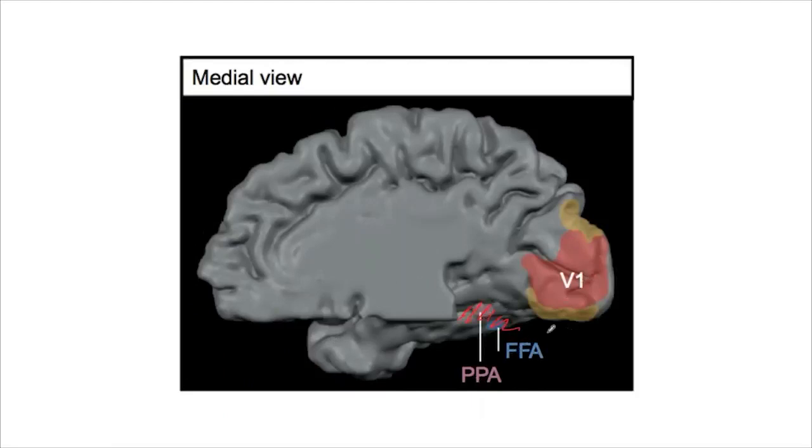What is FFA? FFA is the fusiform face area. And PPA is the parahippocampal place area. So it's a place area in the parahippocampal gyrus, and the face area is in the fusiform gyrus. These areas are specialized for detecting places and faces in the ventral pathway, which is the what pathway, not the where pathway.